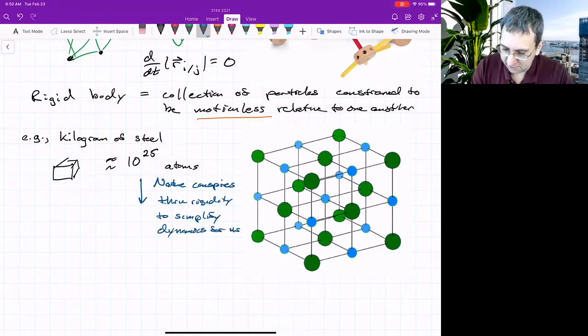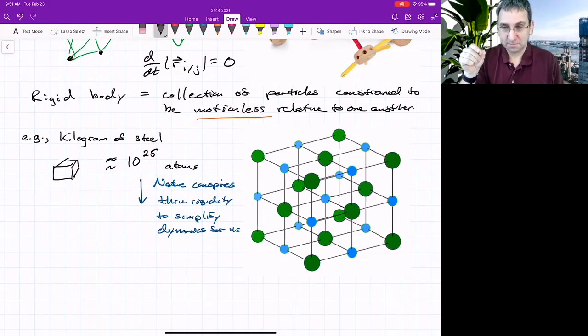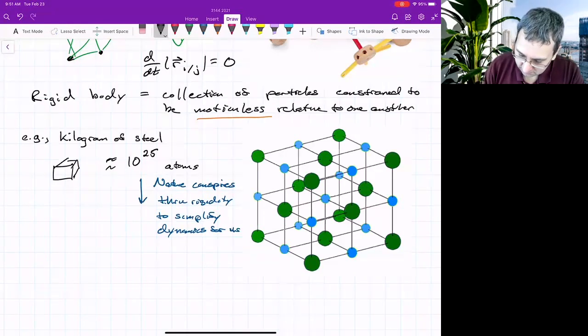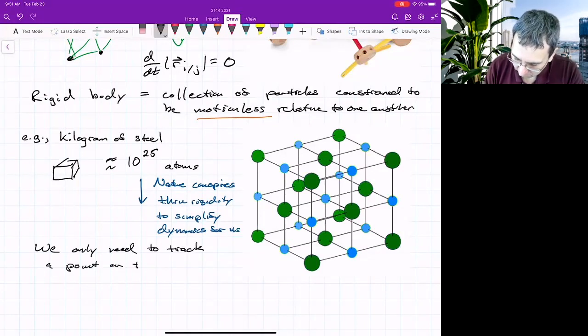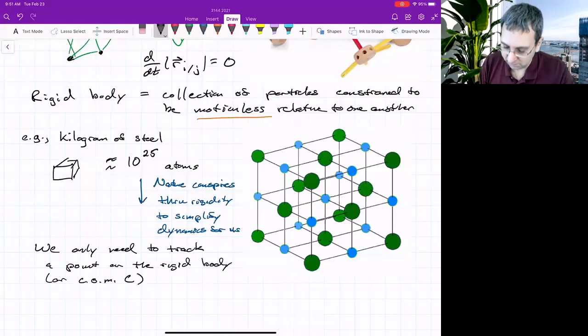So now, instead of having to deal with each of these individual particles, all we have to track is the center of mass and then a frame that we attach to the center of mass, attached to the rigid body. So we only need to track a point on the rigid body, or the center of mass might be a convenient point, but maybe that's not the only one.